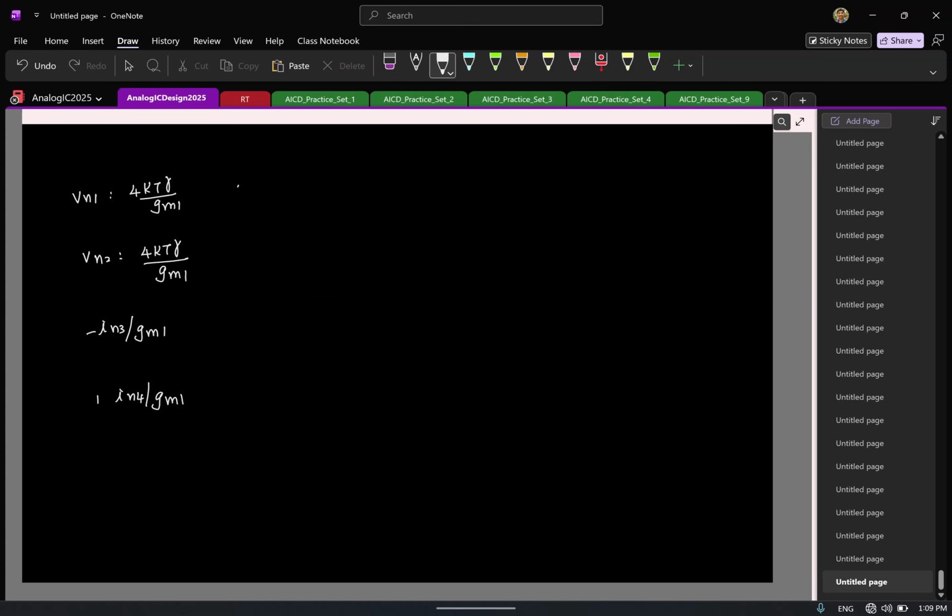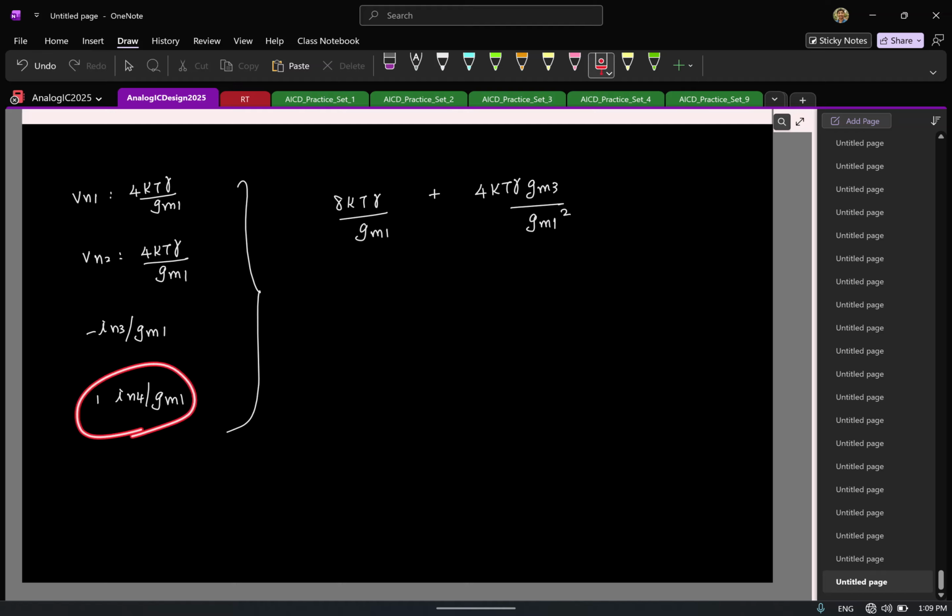So let's quickly write the overall input referred power spectral density. So I have these two getting added. So I have 8 kT gamma by GM1. What is the power spectral density of this term? For IN3 it is 4 kT gamma times GM3. So this becomes by GM1 square. Same for this. M3 and M4 have the same GM.